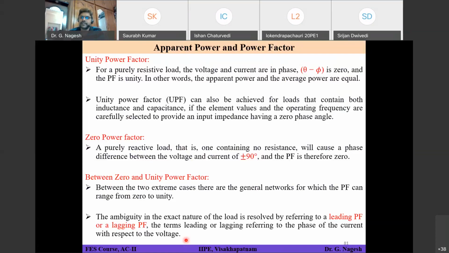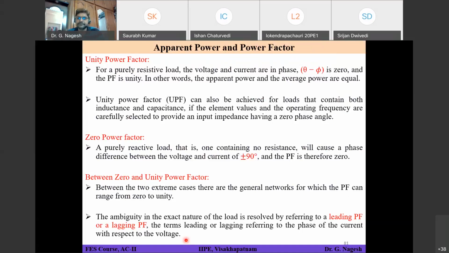If you have a capacitor, you will have the current leading. Let's say voltage is my reference waveform. If I have a capacitor, will the current be leading or lagging? Sir, leading. So the current will be ahead of your voltage reference phasor.